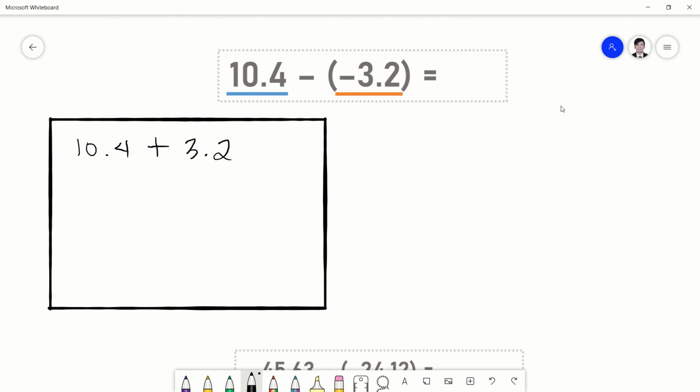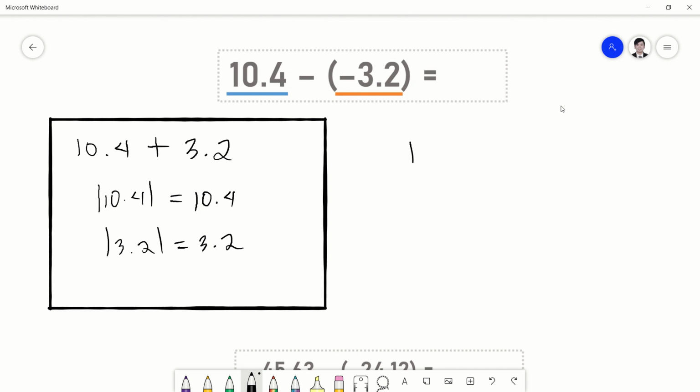So both are positive. That means all you need to do is follow rule number 1, adding numbers with the same signs. So get the absolute value of each number. The absolute value of 10.4 is just 10.4. The absolute value of 3.2 is just 3.2.